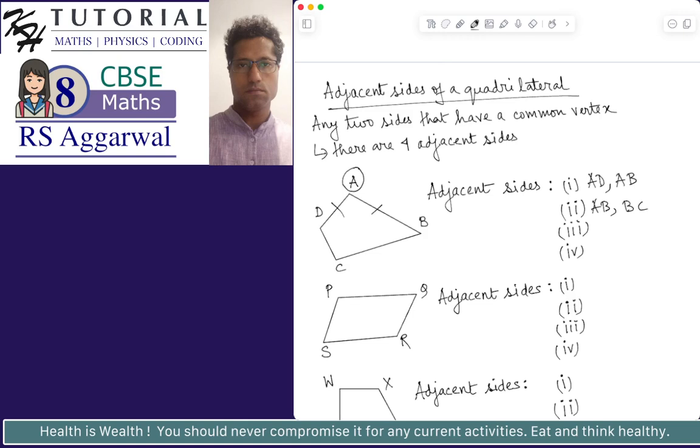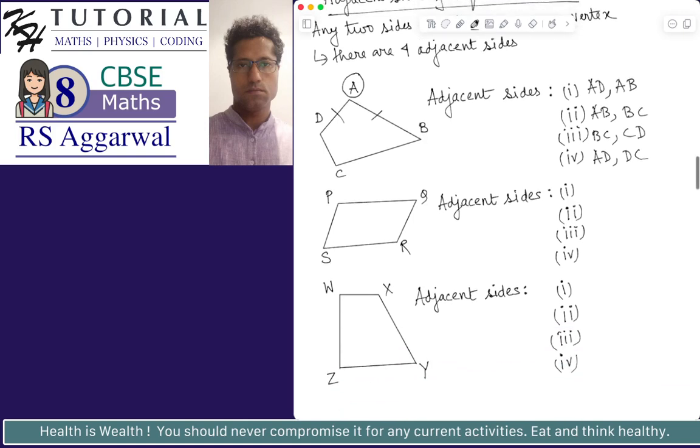So BC and CD is another pair of adjacent sides. And finally, vertex D is a common endpoint to the sides AD and DC. So AD and DC is another pair of adjacent sides.